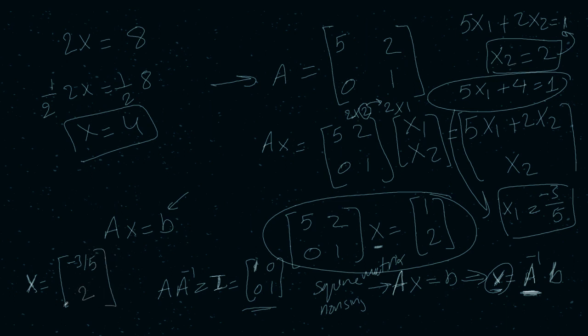Now when you have this vector mapped or projected in this space A, the result will be a line at minus 3 divided by 5 and 2. This will be the new line. Okay, let me go to the next slide to continue.